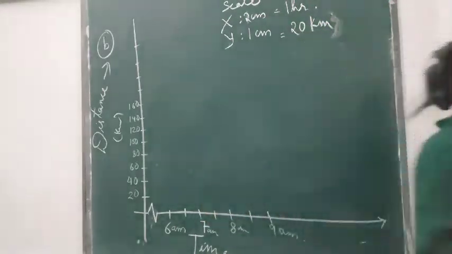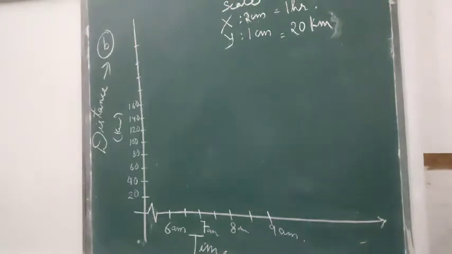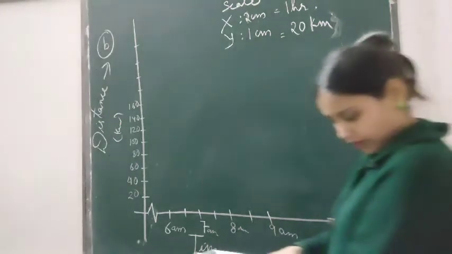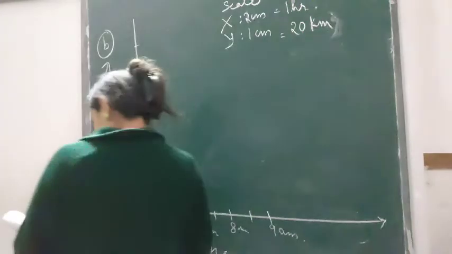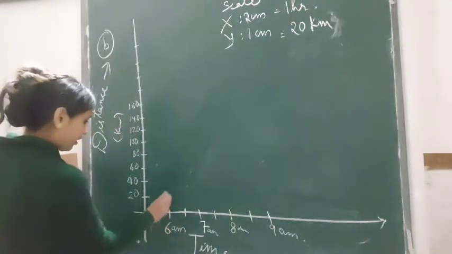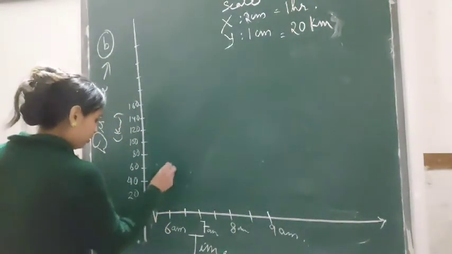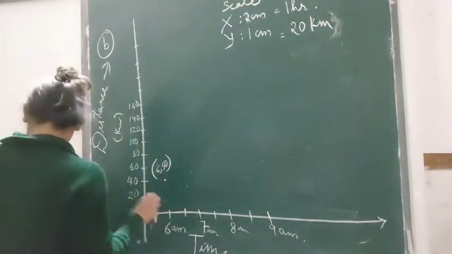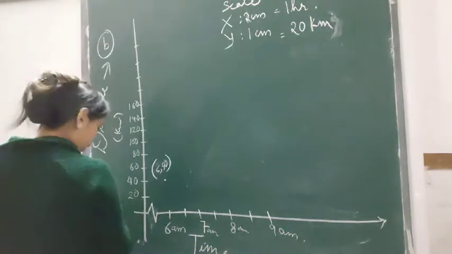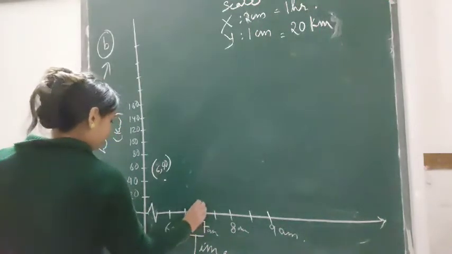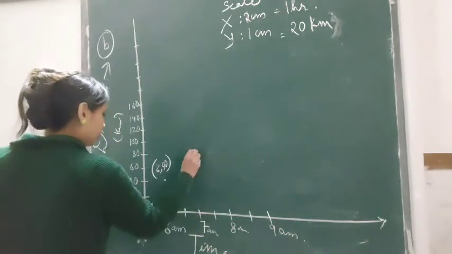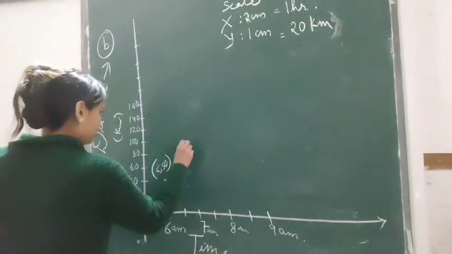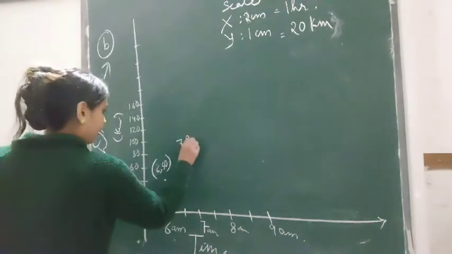Okay, let's start. Now let's see the data. At 6 am, the car covered 40 kilometers. So 6, 40. At 7 am, the car covered 80 kilometers. So 7, 80.